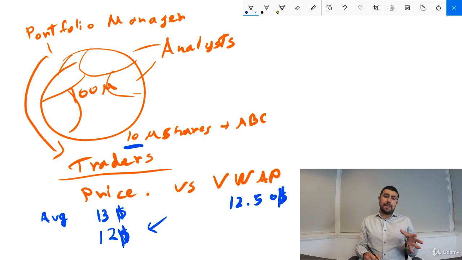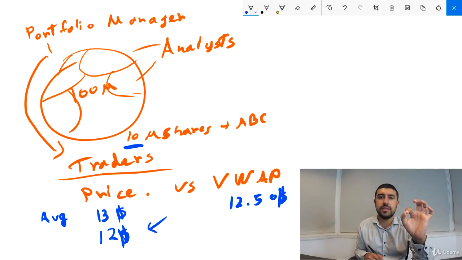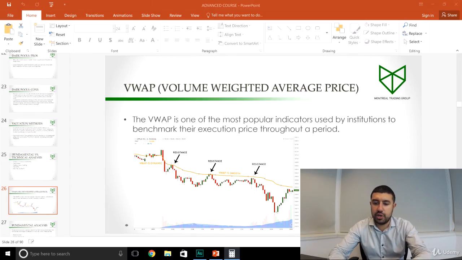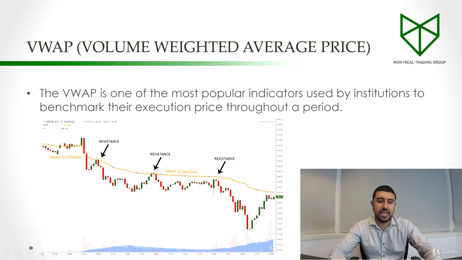So that being said, every single institutional firm, all of these big firms, the person who trades closely monitors the VWAP, okay? So this is what it's going to look like. The VWAP is going to be like a smooth line.